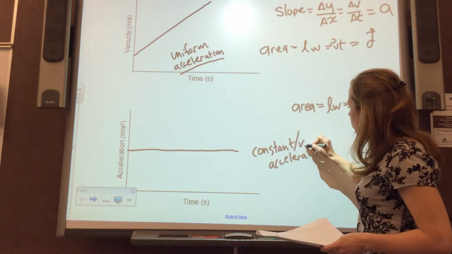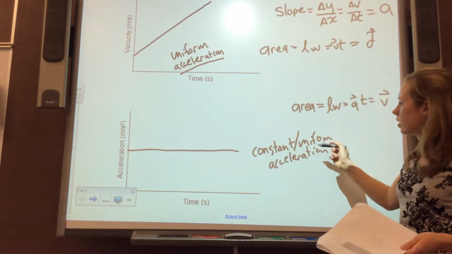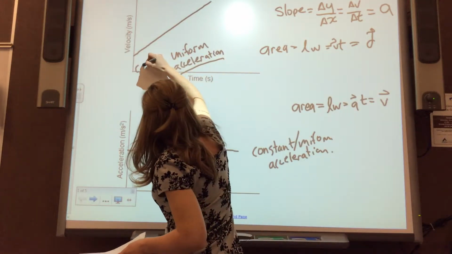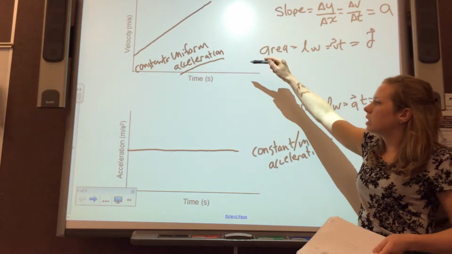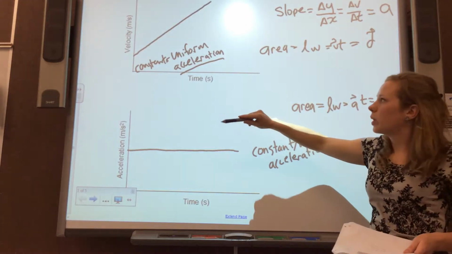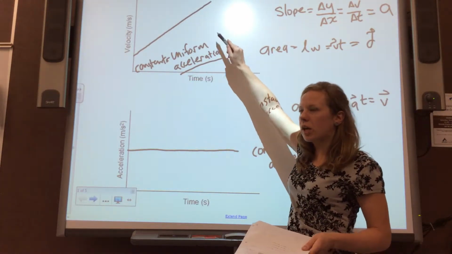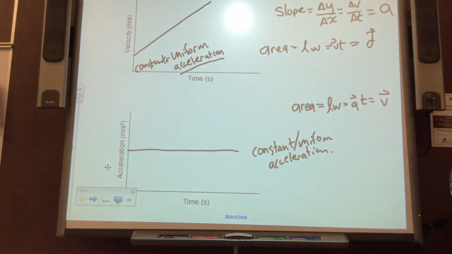Constant or uniform acceleration. So constant uniform acceleration is the same thing happening represented on two different graphs. We have constant acceleration on the VT graph, constant acceleration on the AT graph. It's the same thing happening to the object, it's just represented on a different graph. Okay?